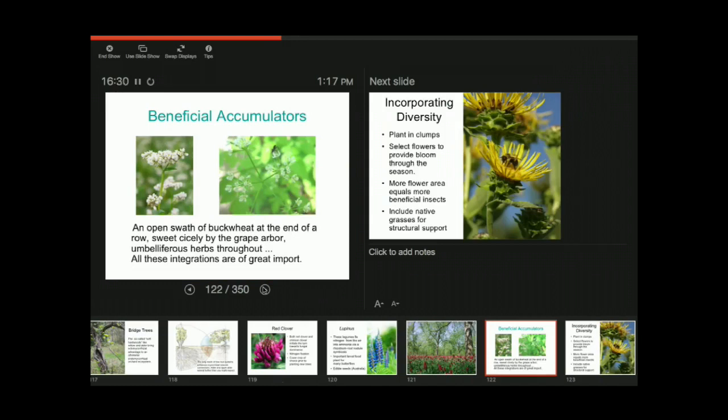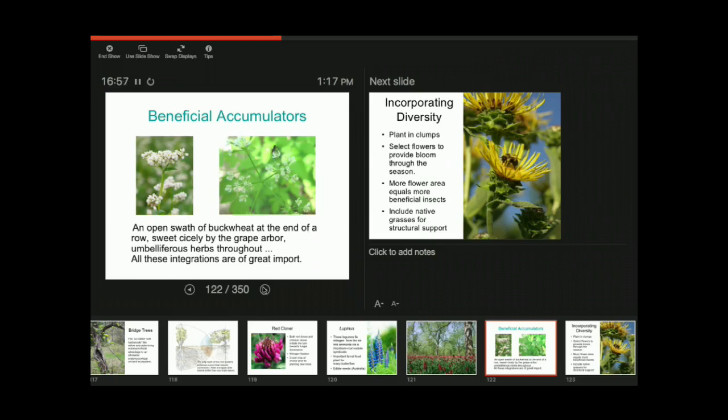Another grouping of plants are what are known as beneficial accumulators. So now we're talking about plants with small flowers that serve as nectaries for adult beneficial insects. So this can be things like buckwheat, which the syrphid fly really loves, and we're going to see what a syrphid fly larva looks like in a minute.